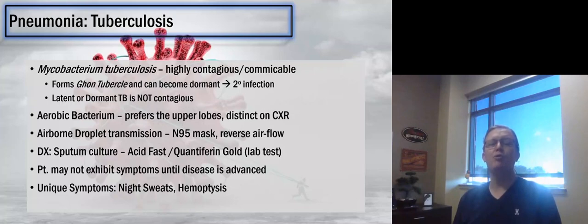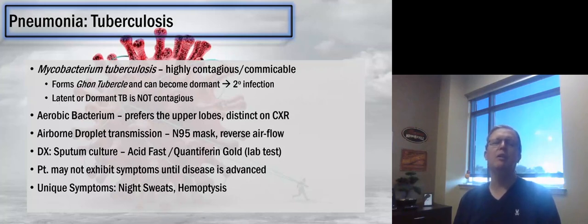It is spread by airborne droplet transmission. This is why we had N95 masks out there to begin with. These patients have to be in a reverse airflow room, which means the air is not flowing out of that room. Air is flowing into the room.